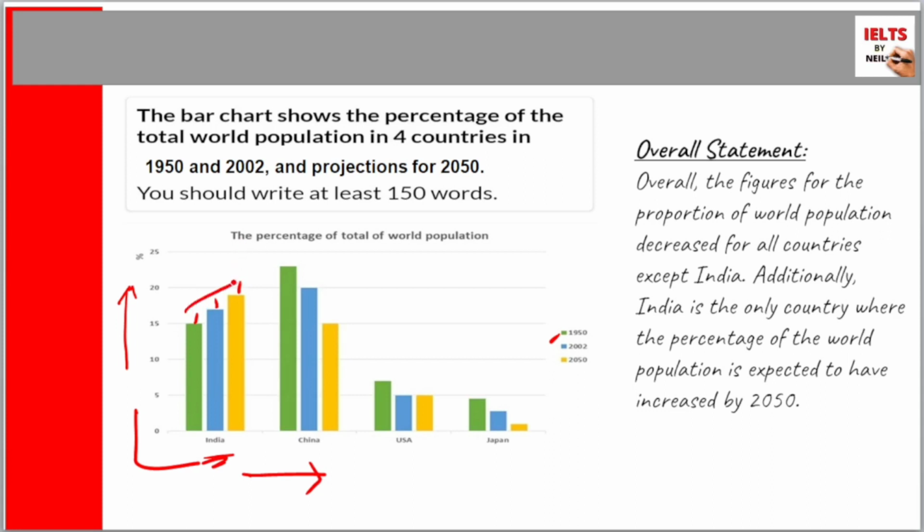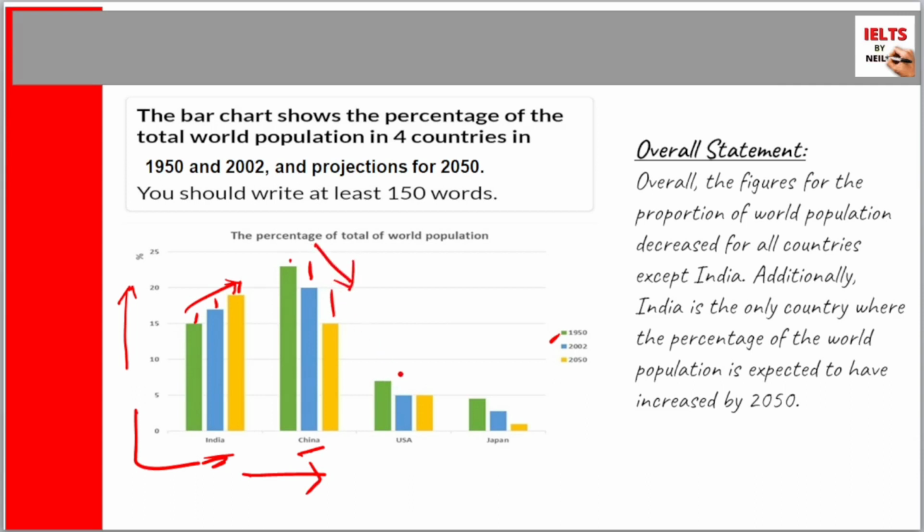So basically this is increasing. Talking about China, in 1950 it was around 23%. In 2002 it reduced to 20%. In 2050 it is expected to decrease to 15%. So basically this is decreasing.